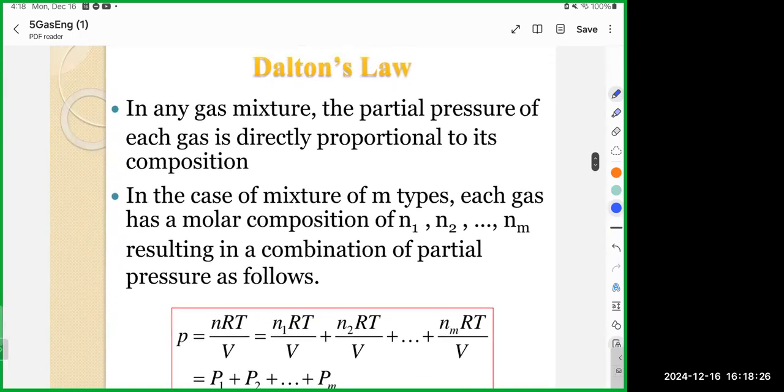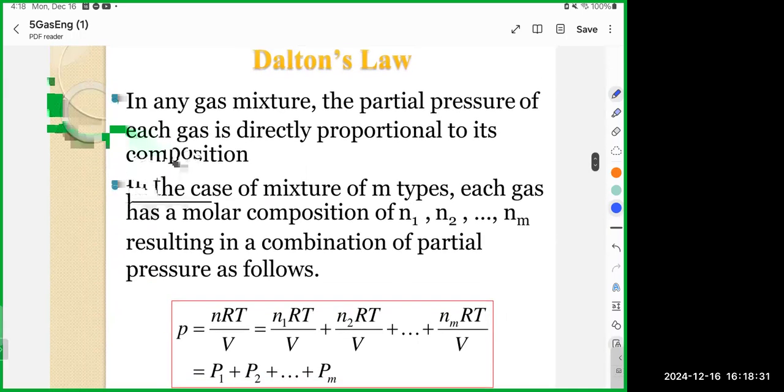And now for Dalton's law, you can calculate the total pressure of the gas in your system from the partial pressures, or vice versa.